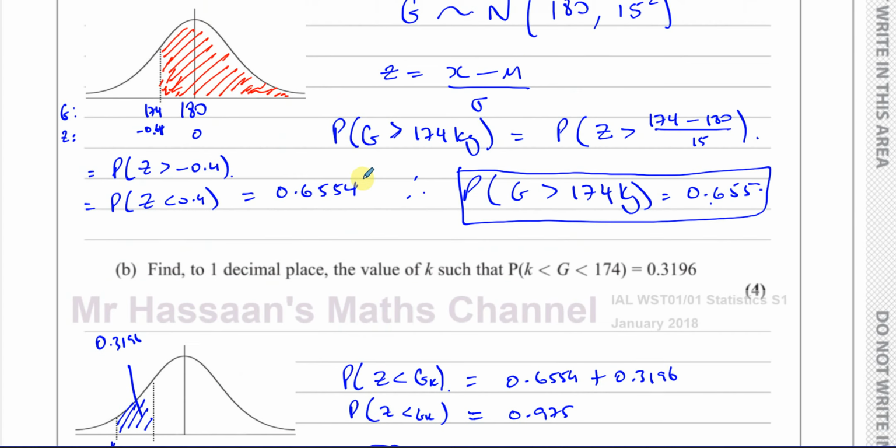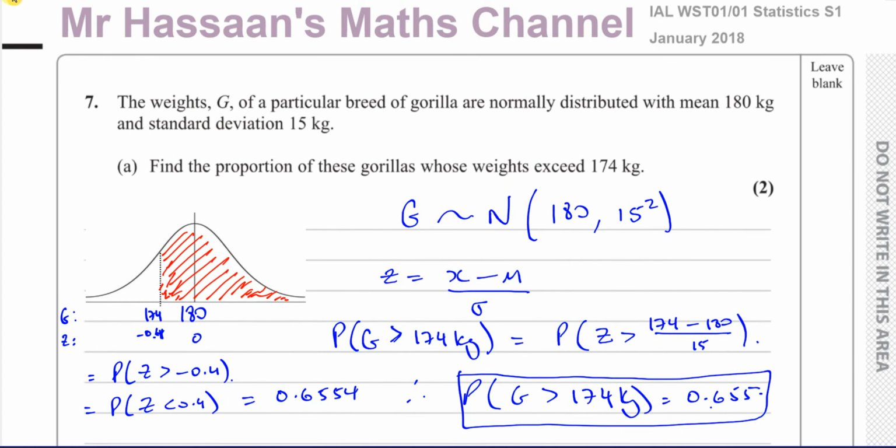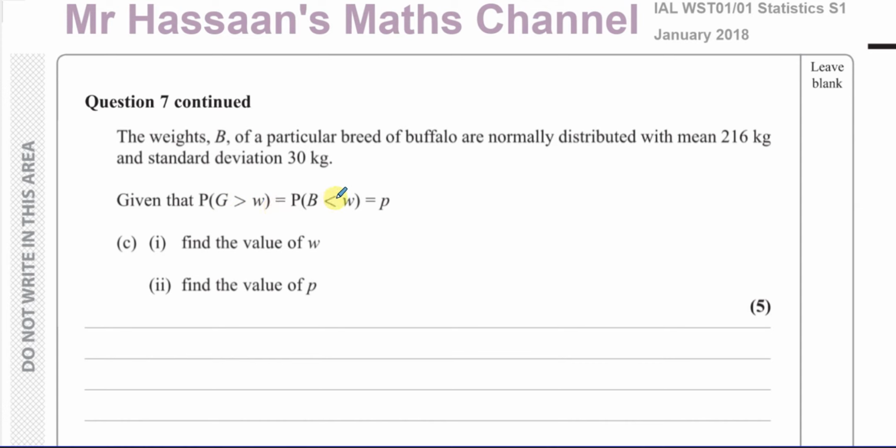All right, now for part C, the weights B of a particular breed of buffalo are normally distributed, with a mean of 216 kilograms and a standard deviation of 30 kilograms. Given that the probability that G is greater than W is equal to the probability that B is less than W, and both of them are equal to the same probability P, right?